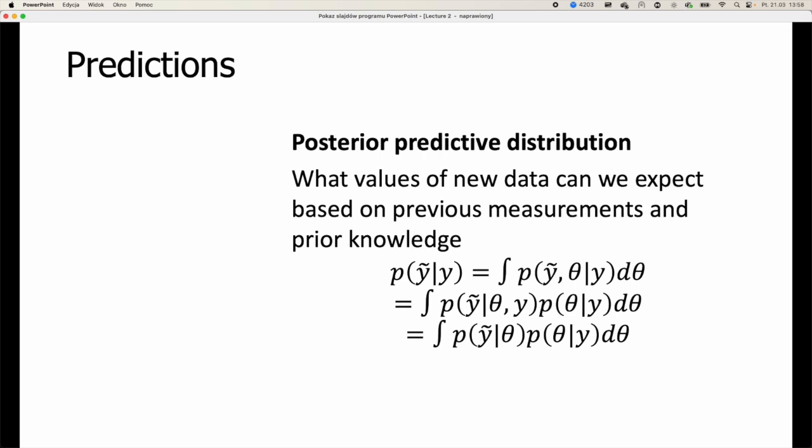What are the most popular generative models that we know? I'm sure that you have already used one at least once. ChatGPT exactly is a generative model. And ChatGPT is actually a probabilistic model. And in a certain way it's a Bayesian model.